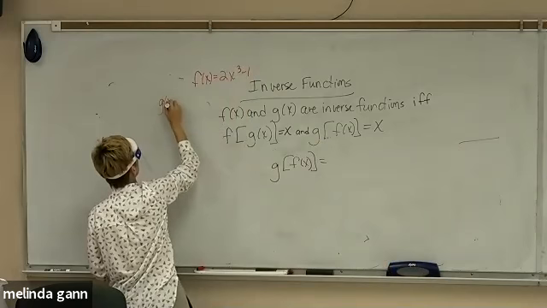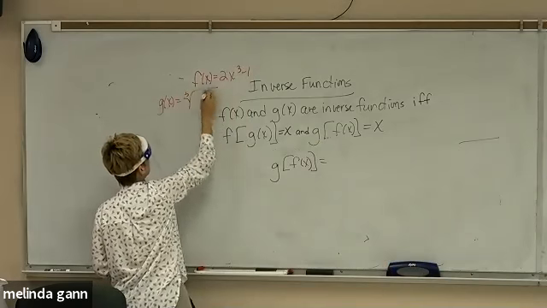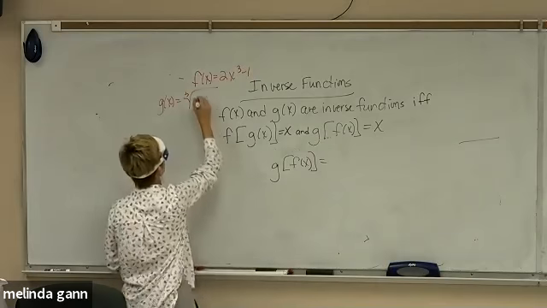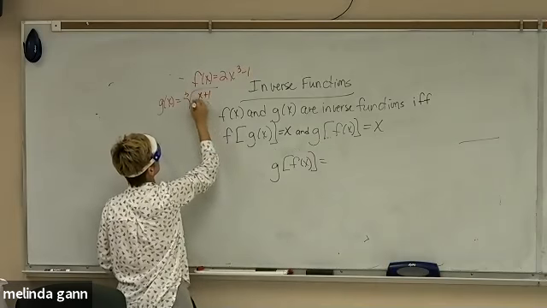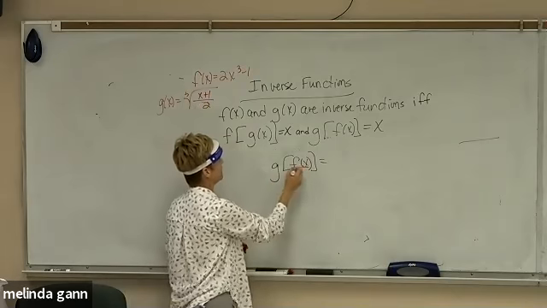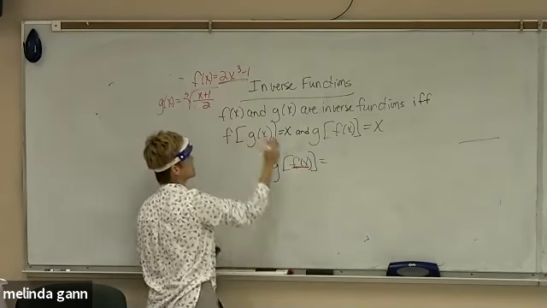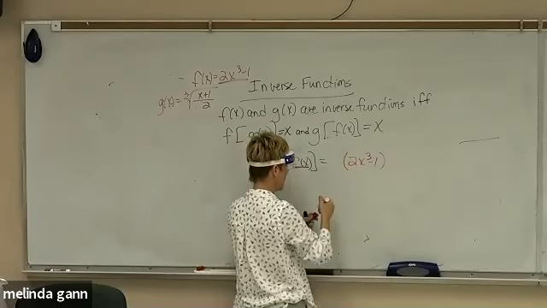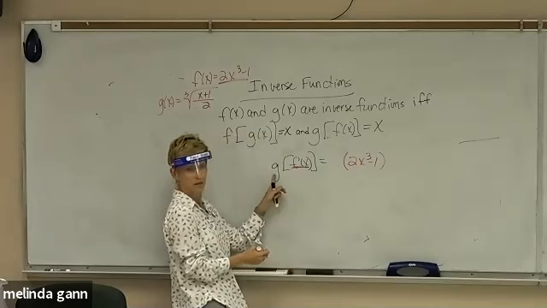And your G of X was the cube root of X plus 1 over 2. All right, so I'm going to replace this F of X with what F of X is. I'm going to take that 2x cubed minus 1, and where am I going to put it? Inside of G this time.